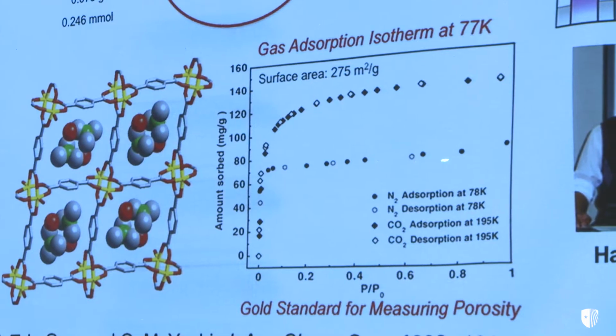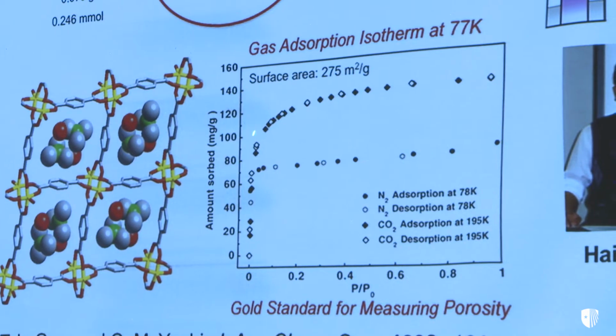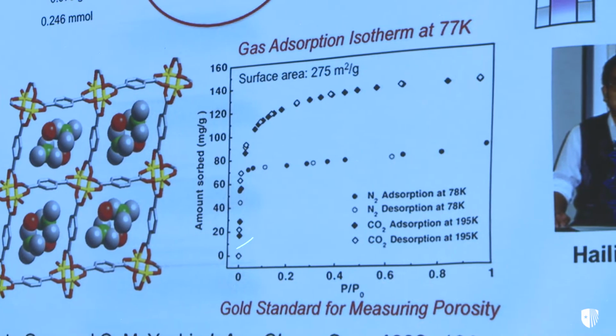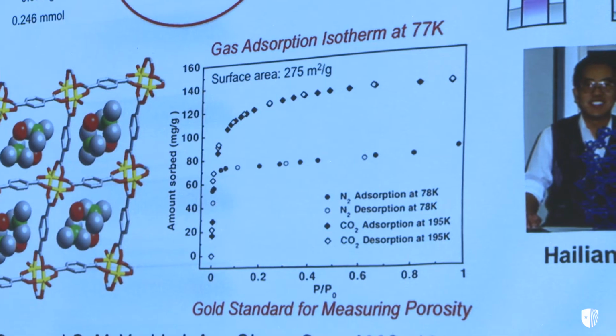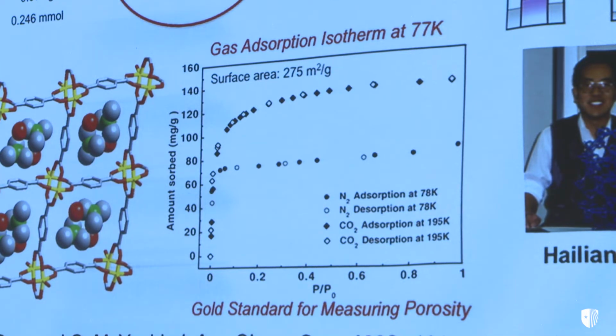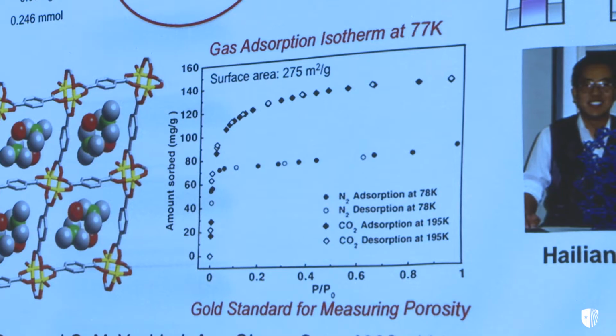So this is adsorption and desorption, and the same thing for CO2. Well, the shape of this isotherm tells you that this material is permanently porous. And this is the gold standard for measuring porosity.